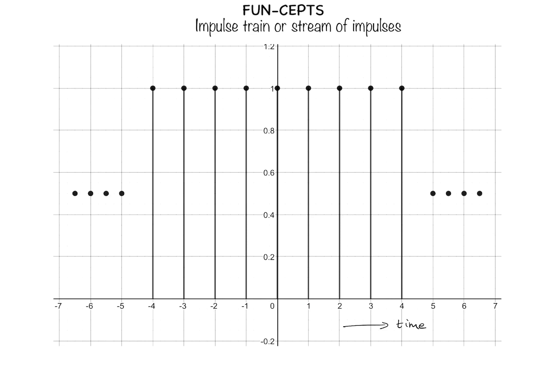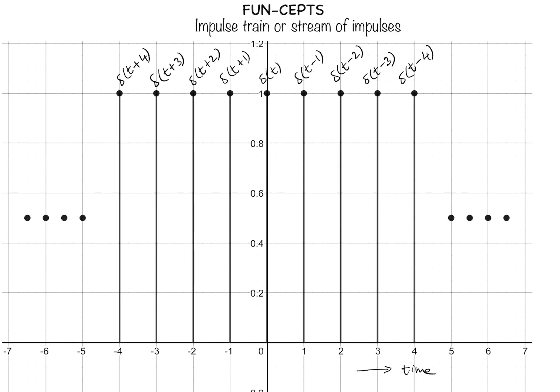Now the time separation can also be any other value, but if it is 1 second, then we represent each of these impulses as delta of t for the impulse at t equal to 0, delta of t minus 1 for the impulse at t equal to 1, delta of t minus 2 for the impulse at t equal to 2, and delta of t minus 3 for the impulse at t equal to 3, and so on and so forth.